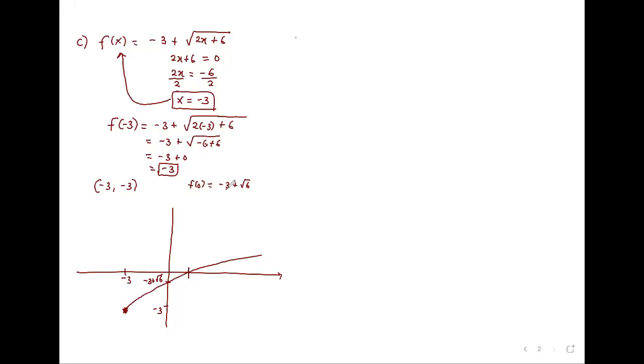It means that it exists. Because root 6 is smaller than 3 and bigger than 2, -3 plus root 6 will still be a negative number. That's why it has passed down here before it reaches 0. But then it will cross the x-axis. Where? That's where we're heading now.